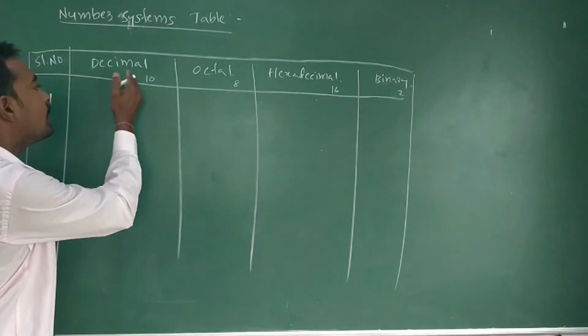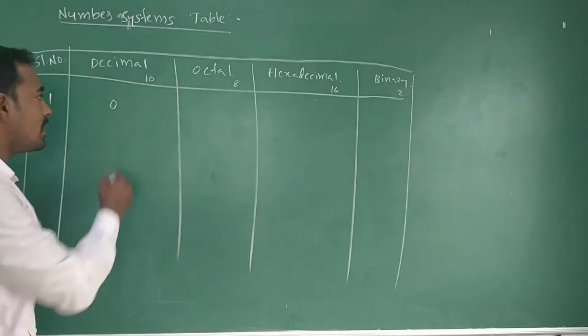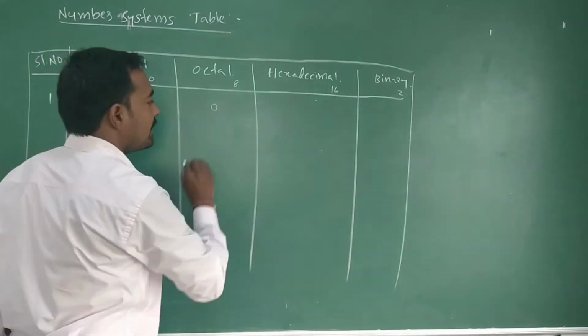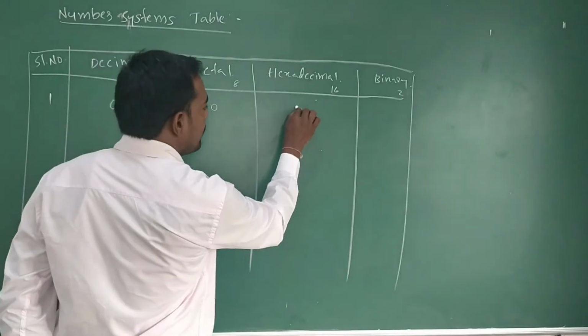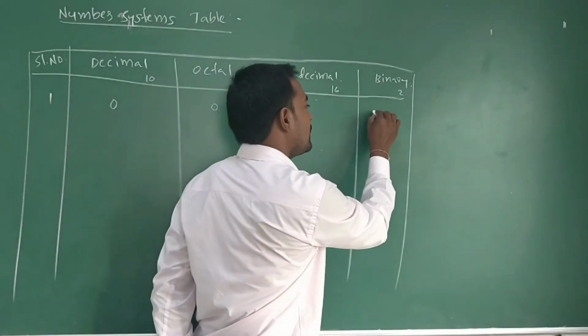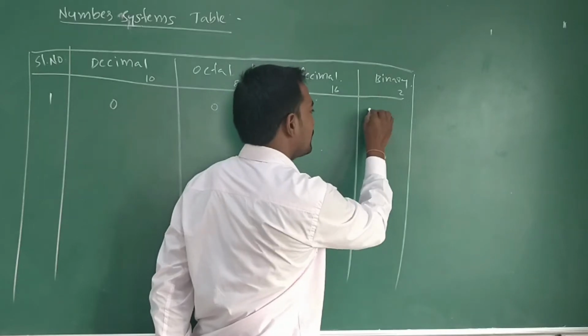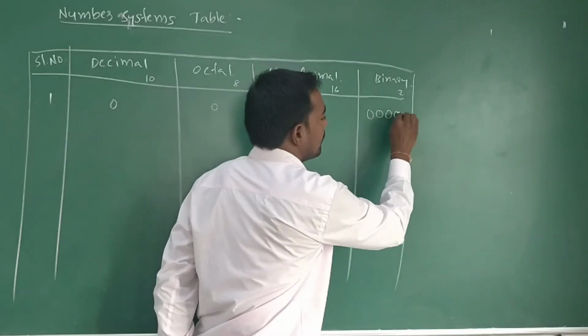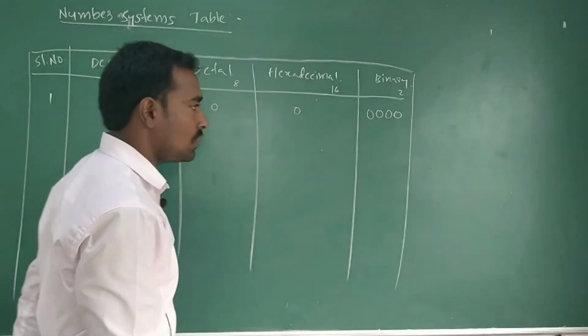For example, when I take the decimal number 0, that is equal to 0 in octal and 0 in hexadecimal, but in the binary number system it is indicated with 0 0 0 0.